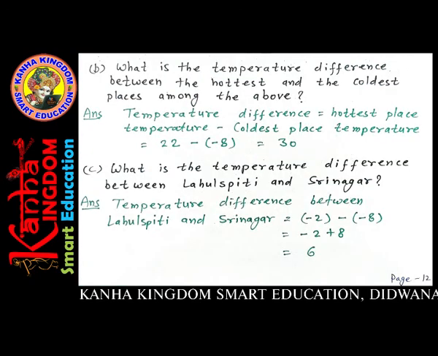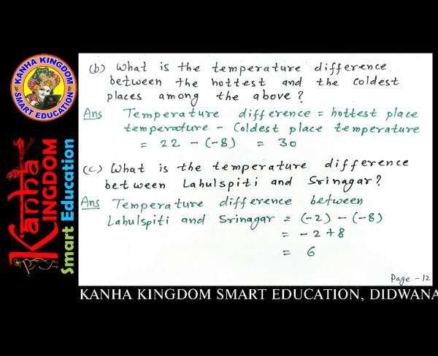Second part of this question. What is the temperature difference between the hottest and the coldest place among the above? The hottest place is Bengaluru, temperature is 22, and the coldest place is Lahaul Spiti, temperature is -8.